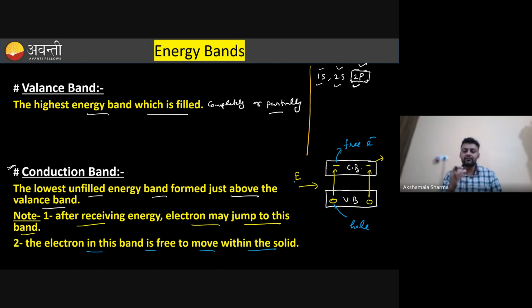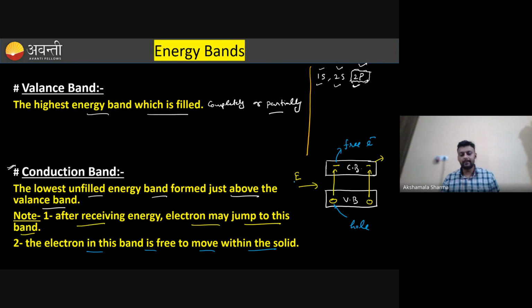Next point: when an electron jumps from the valence band to the conduction band, a space is left vacant by it. And this space is known as a hole. It is a vacancy of the electron. Clear? Till now, everything is clear.